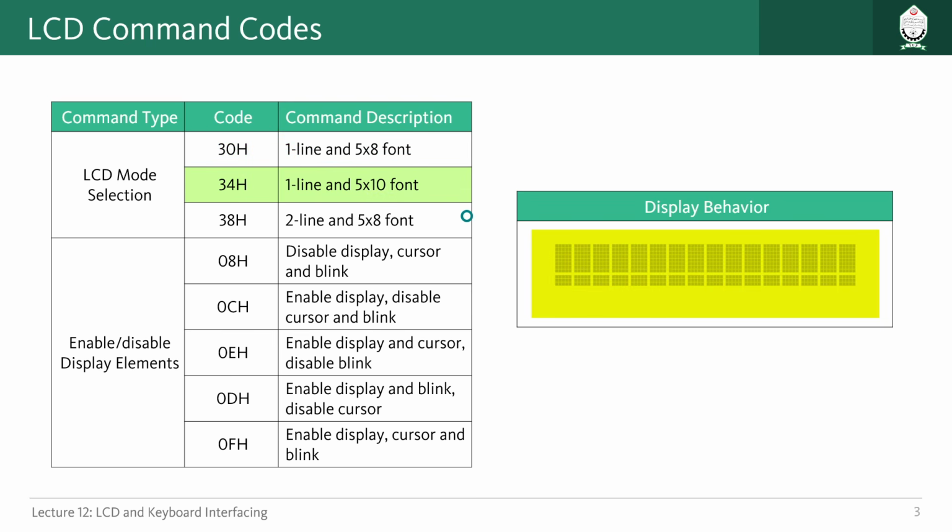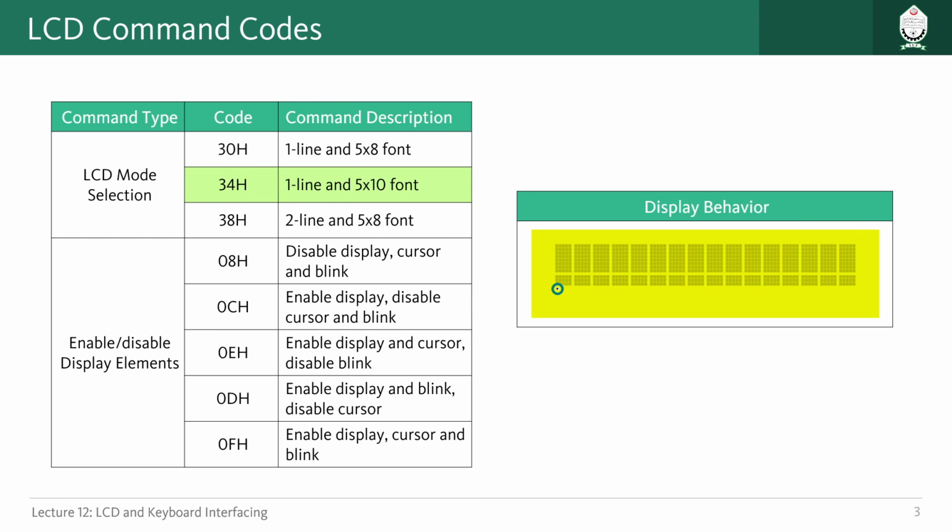Then let us look at the next one. Again we are selecting one line, but here the font type is 5x10. So what we do is just add some pixels here as well to show different types of fonts. That's it. In most cases we will never need those, but sometimes it is helpful.